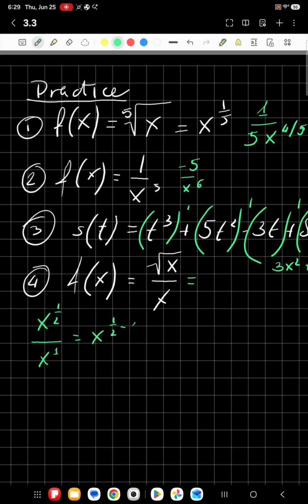When we divide, we subtract the exponents. So this is x to -1. It's not -1. It's -1/2. Okay, so -1/2.